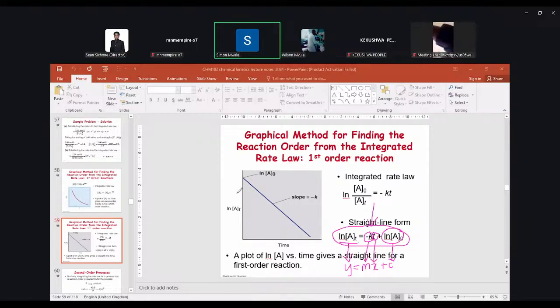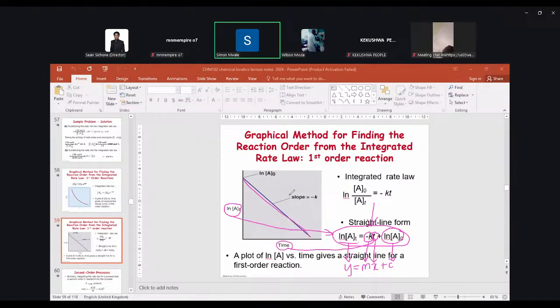So when I go to the graph, you see a plot of the natural log of concentration at time t against time, which are all in this equation. The time is the x-axis, and the y-axis is the natural log of A at time t. I get a straight line with a negative slope.